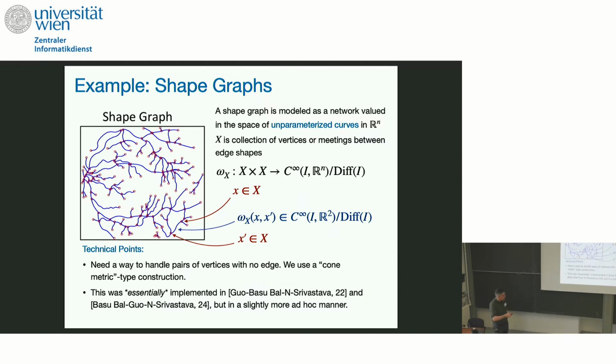But in hindsight, we did it correctly, and they were theoretically founded in light of the Z-Gromov-Wasserstein distance. So in retrospect, it all works correctly, but at the time, it was a bit ad hoc. Let me also mention that there are other ways you can model shape graphs. There's a different approach by Sukurdeep, Bauer, and Charon, using a more varifold-type formulation.